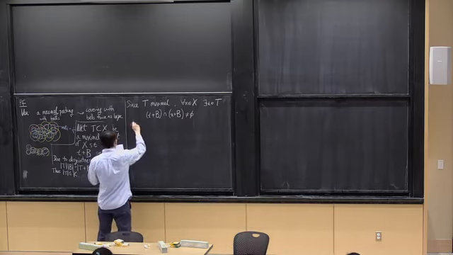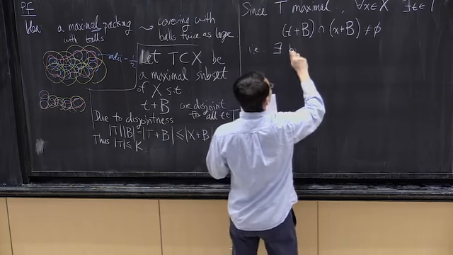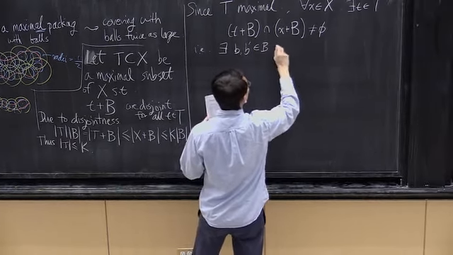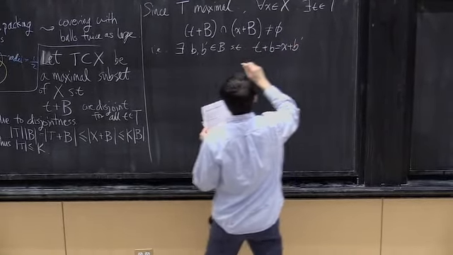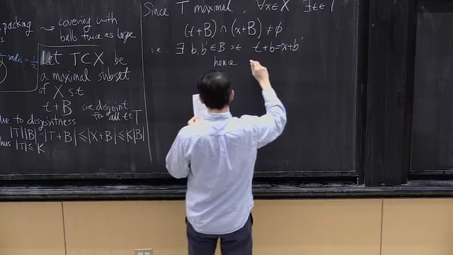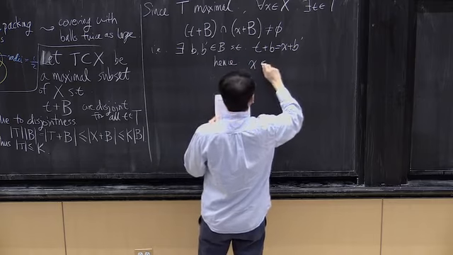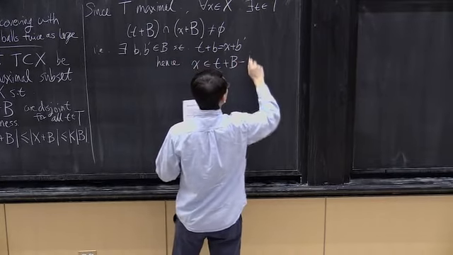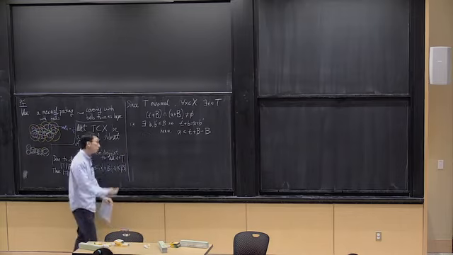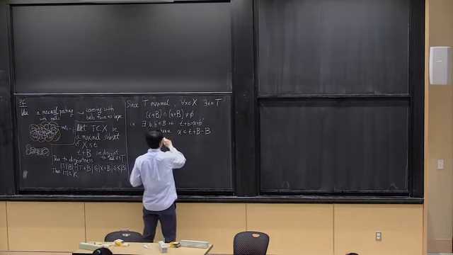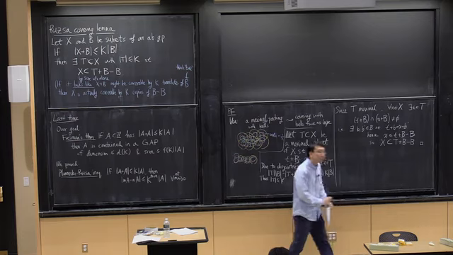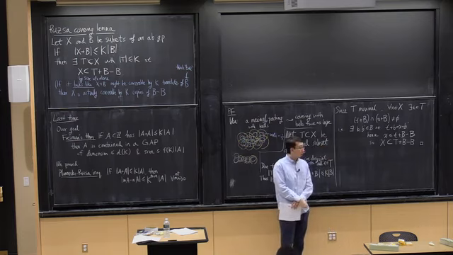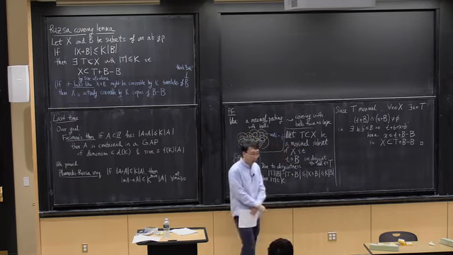So in other words, there exist two elements b and b prime such that t plus b equals x plus b prime, and hence x lies in t plus b minus b, which implies that the set X lies in T plus B minus B. Okay, so that's the Ruzsa covering lemma.